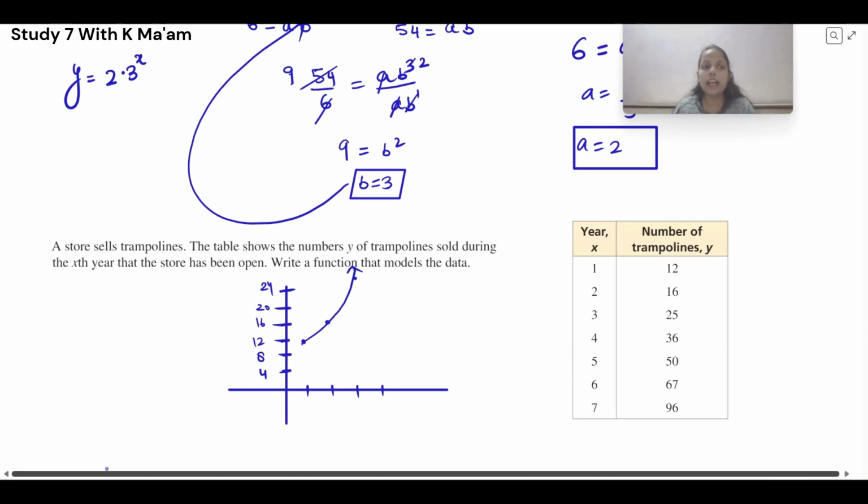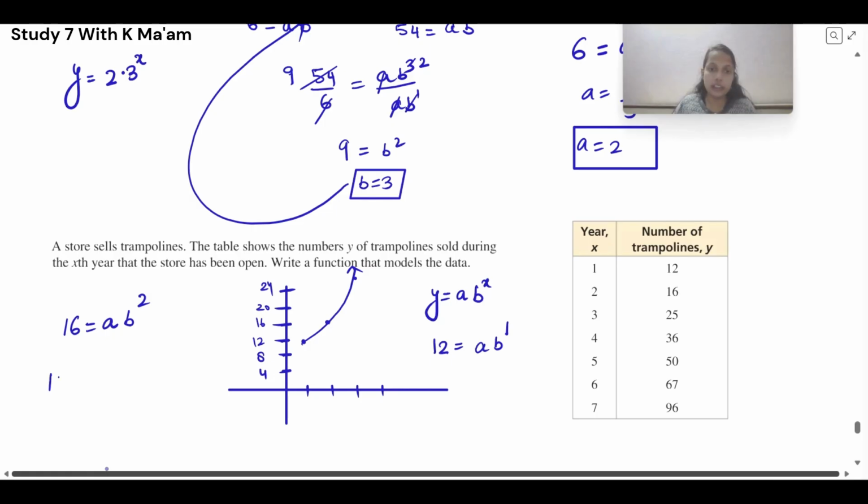Every exponential can be written as y equals a b power x. To find the original function, I will use the values. I'm using the first value. At 1, the answer is 12. So the y value is 12 if you put x as 1. Now choose the next one. So x is 2, y is 16. 16 equals a b power 2.